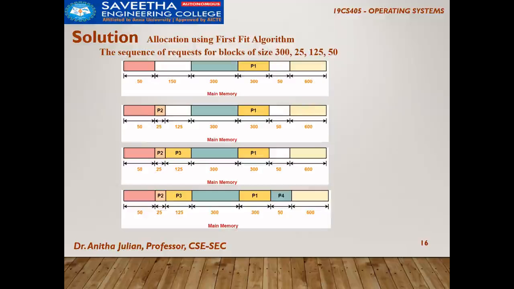Then we take the third process, it correctly fits here, the free slot of 125. Then we take the fourth process, which is 50, which again perfectly fits the free slot. So that way first fit works very fine. We are able to fit all four processes with the available two free slots.